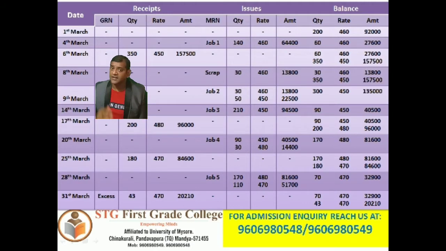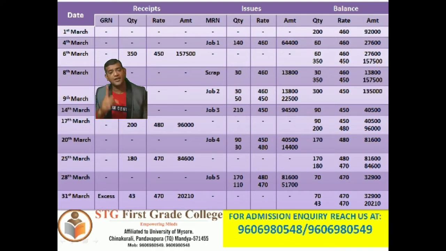Now let us post the entries into the respective columns. On 1st March, what did they say, is it an opening stock or did they purchase it? They said 1st March opening stock 200 tons at rupees 460 each. So on 1st March, the receipts column is nil because it's opening stock.